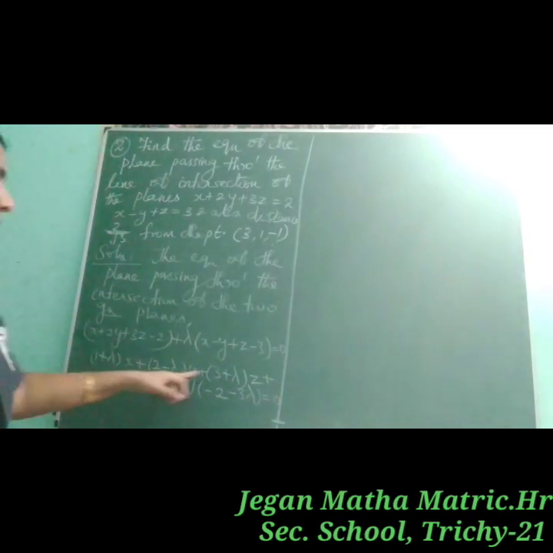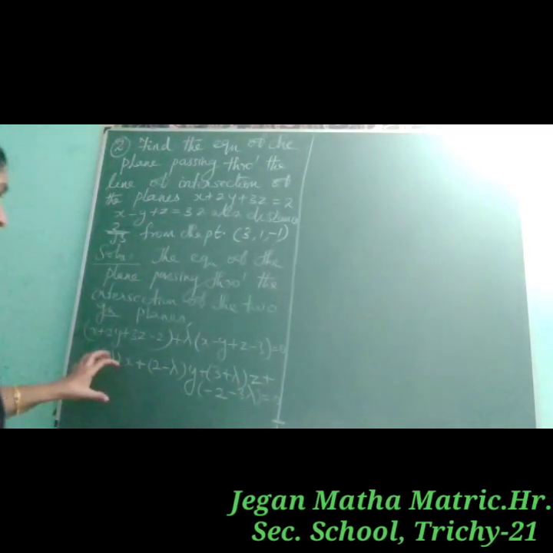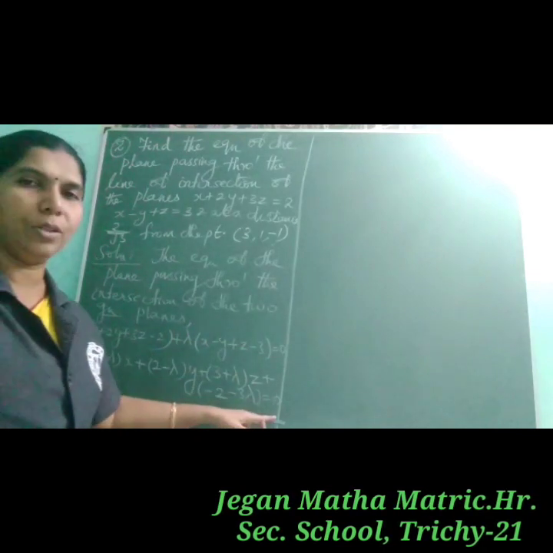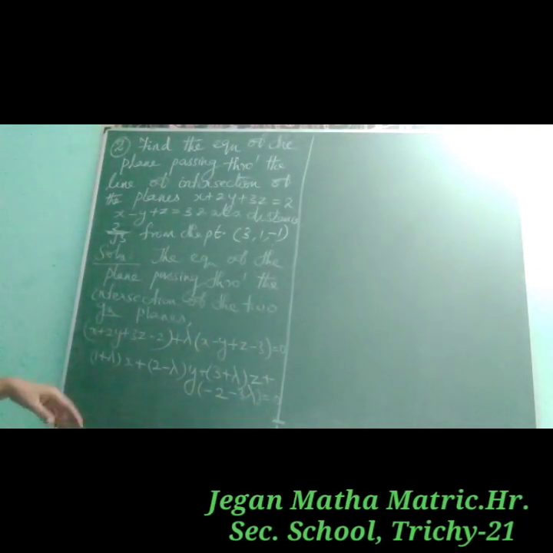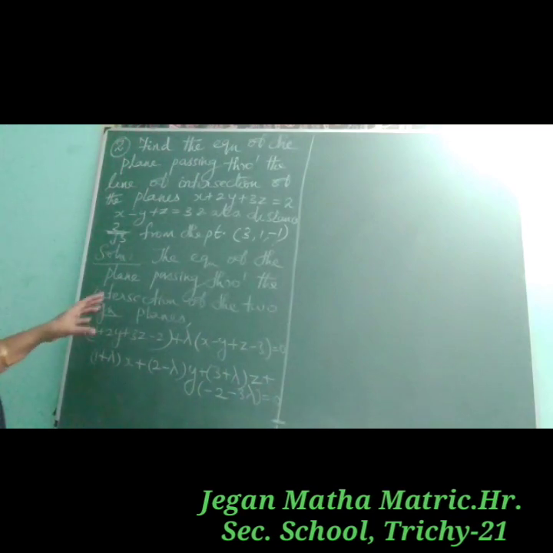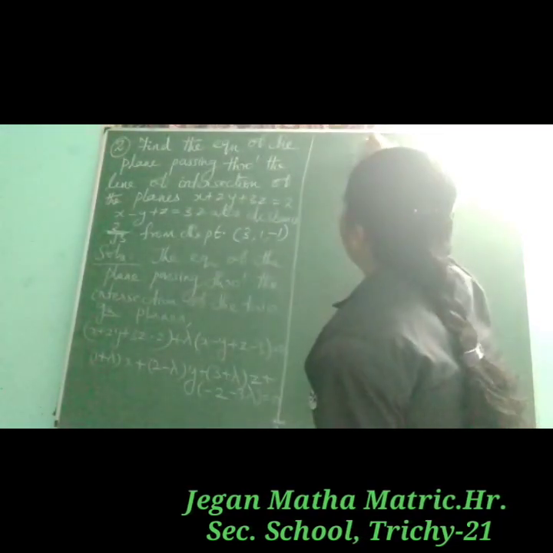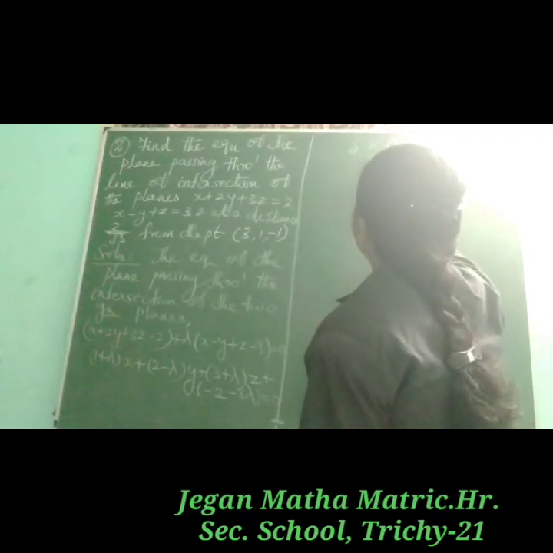Now this single equation you can consider as the equation of plane, ax plus by plus cz plus d is equal to 0. Then in the question it is given the distance of the plane from the point, that is delta, is given as 2 by root 3.